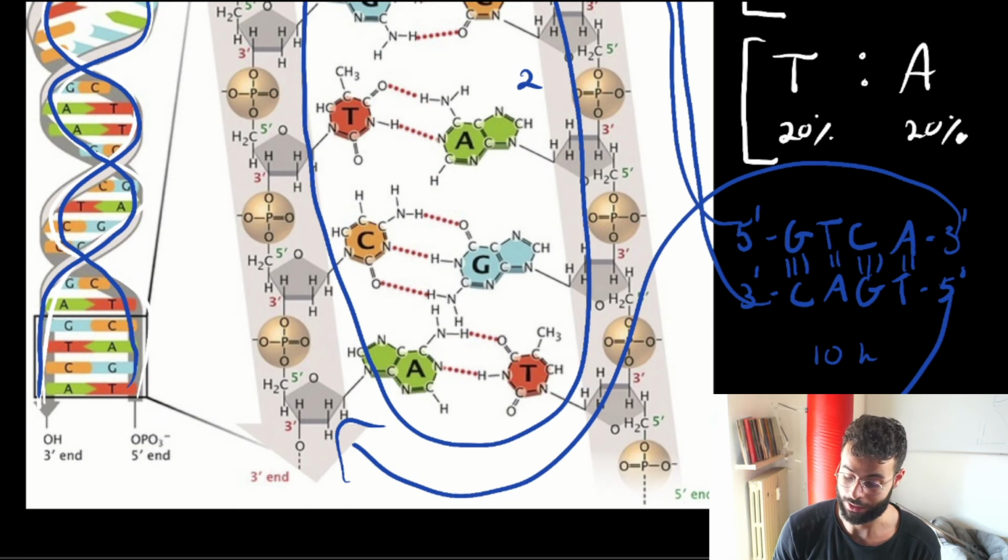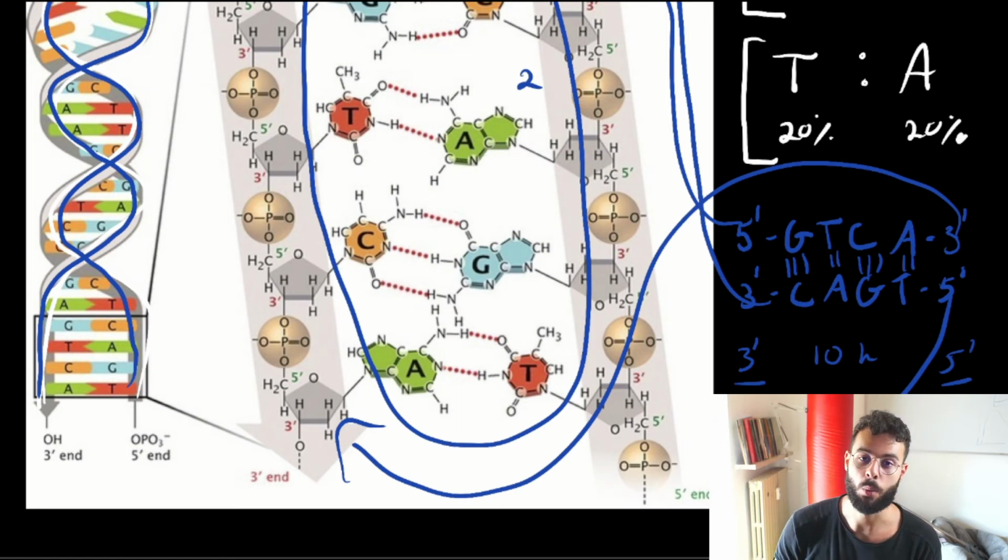Another question that can pop up in the admission exams is to complete the sequence of the different strand. So they will give you the strand from the 5' to the 3' end, and they will say, please complete it from the other strand. You will have to remember that the direction of the anti-parallel strand that completes the single strand in order to complete the double helix of the DNA starts from the 3' to the 5'.